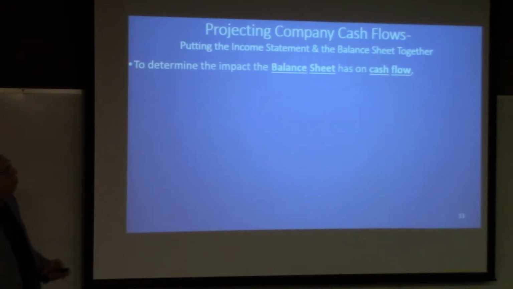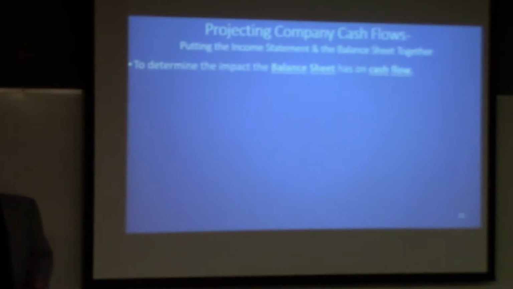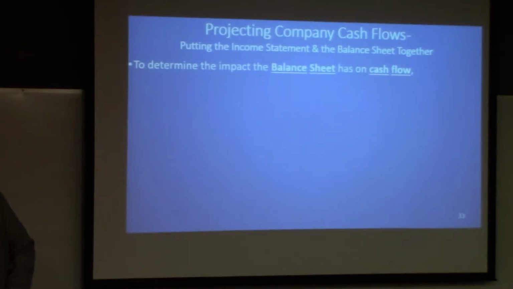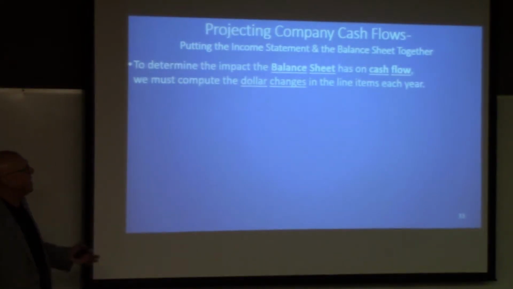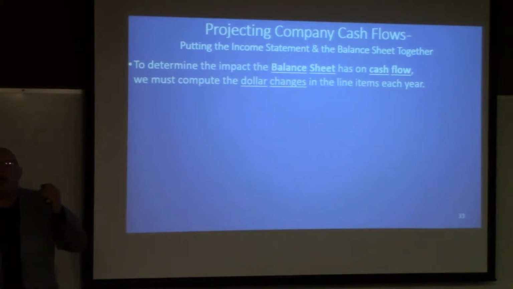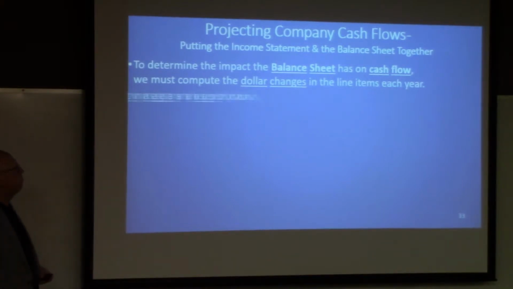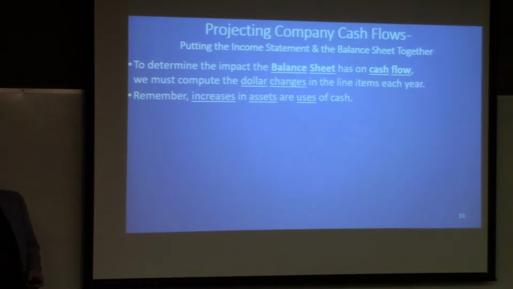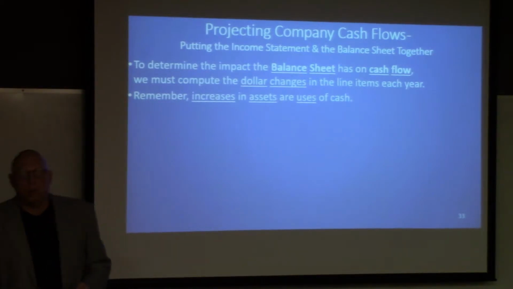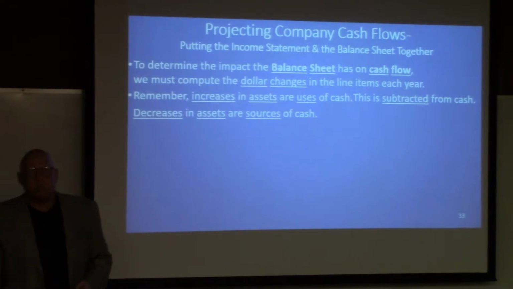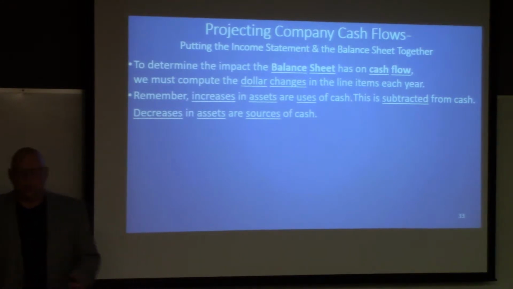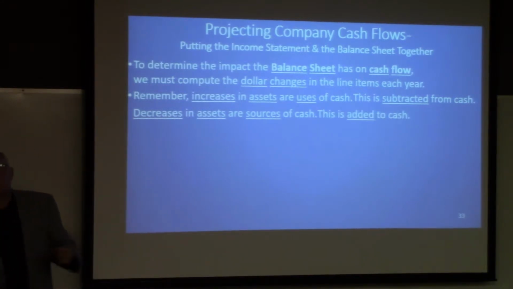To determine the impact the balance sheet has on cash flow, we must compute the dollar changes in the line items each year. Remember that increases in assets are uses of cash, and so they are subtracted from cash. Decreases in assets are sources of cash, and this is added to cash.